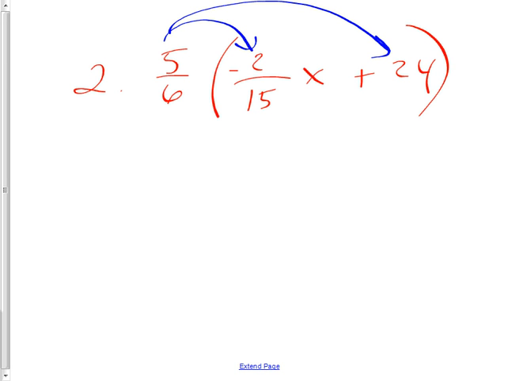So 5/6 times 2/15. Well, 5/6 times negative 2, actually, 15ths. Can I do 5 times negative 2 in my head? I can. Can you? Negative 10. Over 6 times 15, can I do it in my head? Well, 6 times 10 is 60. 6 times 5 is 30. 60 and 30 makes 90. There we go. Plus, and then finish it off.